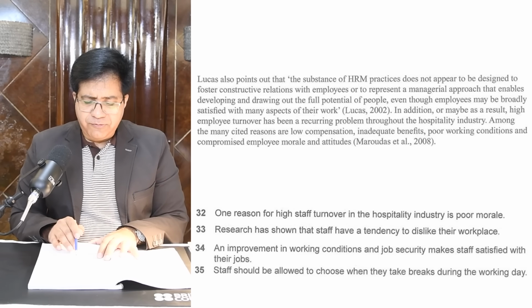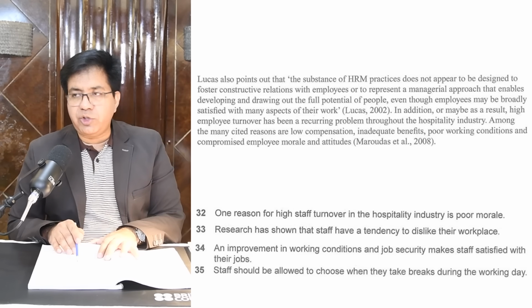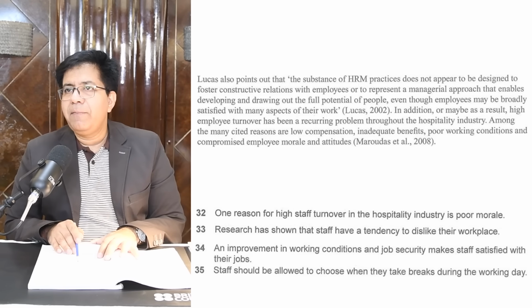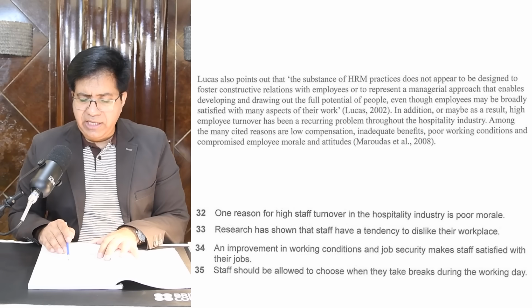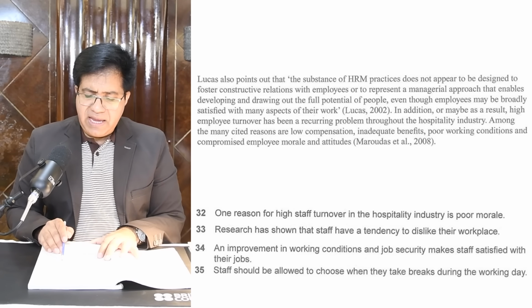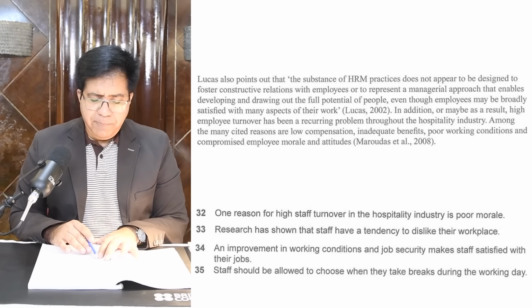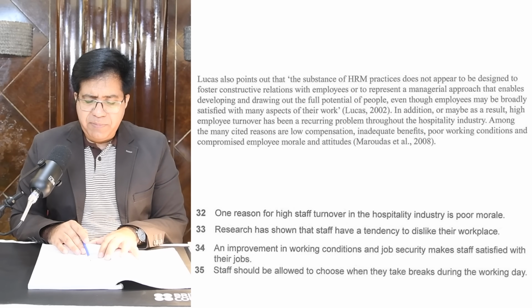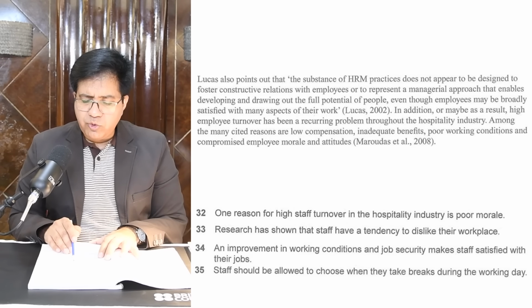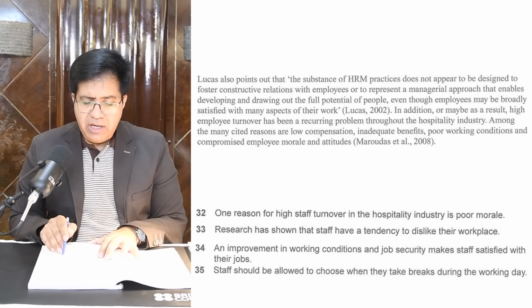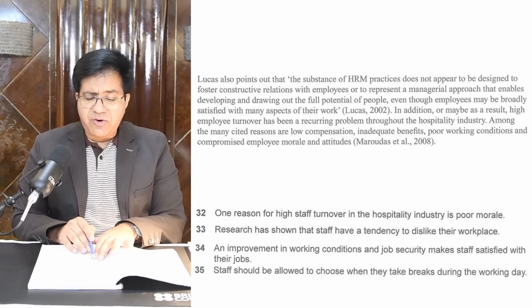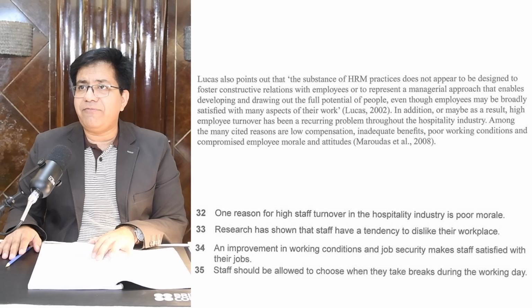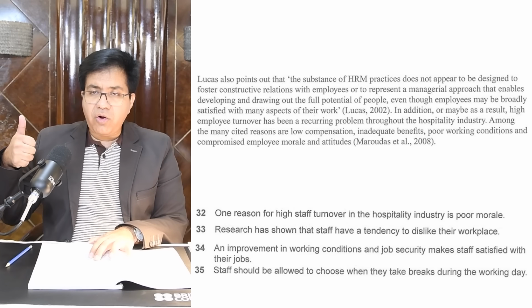Okay, I'm reading it from Lucas 2002. Found it? Lucas 2002. In addition, or maybe as a result, high employee turnover has been a recurring problem throughout the hospitality industry. Among the many cited reasons are, now be attentive, low compensation.